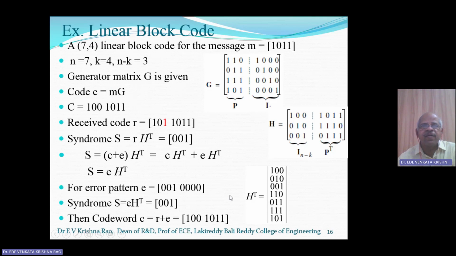So here, the example is message bits taken as 1, 0, 1, 1. The generator matrix is taken as before, and we can generate a code word by multiplying with the generator matrix.